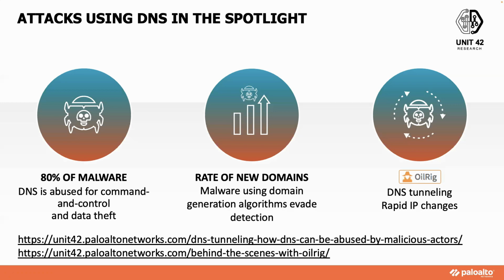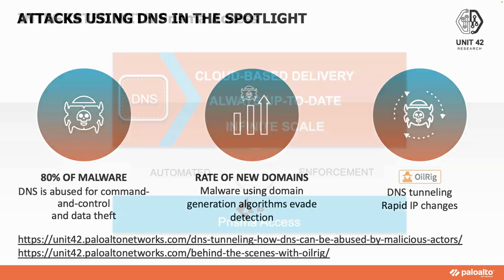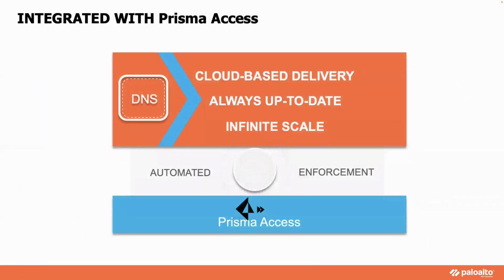We're running a little bit short, but this is a protection that's included with Prisma Access. That would be an extra subscription on your on-premise firewalls, but it's included with us, so use it. It also has the ability to detect and look at DNS tunneling, which was a question a little bit earlier. So it is available. It gives you automated enforcement with Prisma Access. With on-premise firewalls, as I said, it's a subscription.